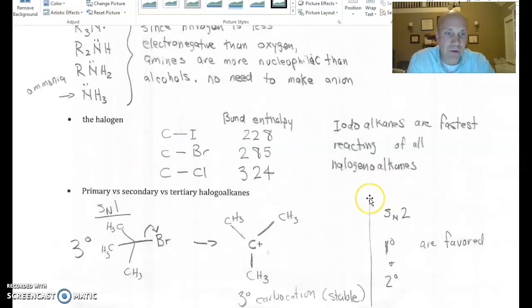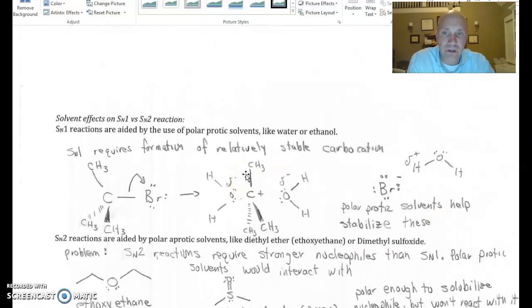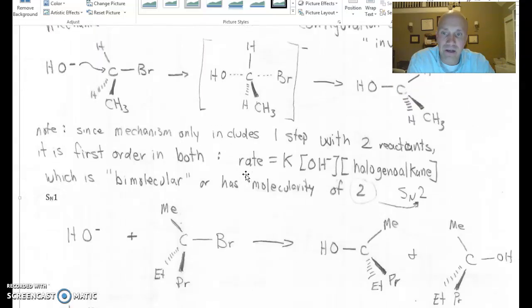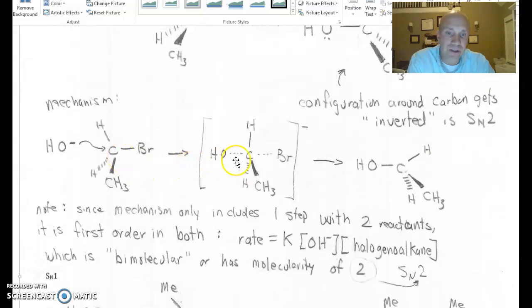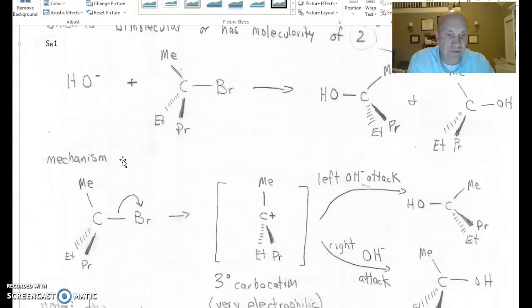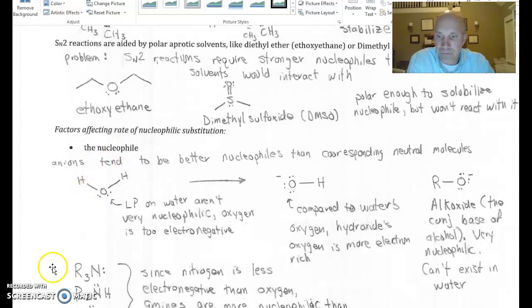But notice that with the SN2 reaction, you never end up forming that carbocation intermediate. So for that reason, this reaction can happen just as well with those kinds of electrophiles.